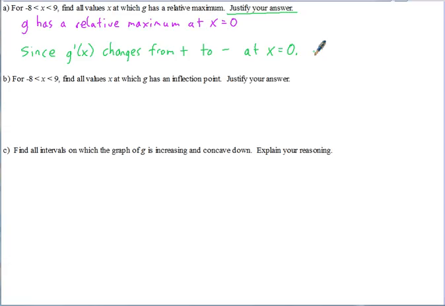And then part B asks for when x is between -8 and 9, find all the values of x at which g has an inflection point, and justify your answer. So remember, inflection points come from the second derivative.